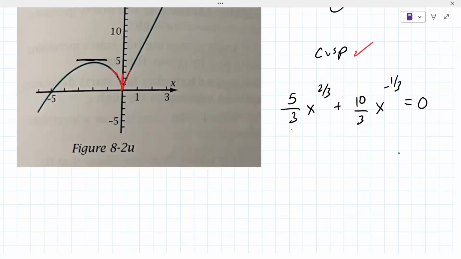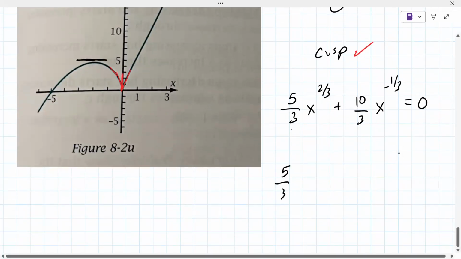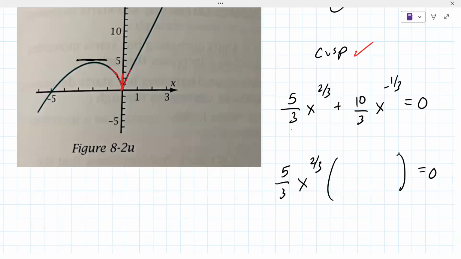So let's say you factored out 5/3 x to the 2/3. So this would be 1 plus, and then any idea what goes in here? No, I actually don't.